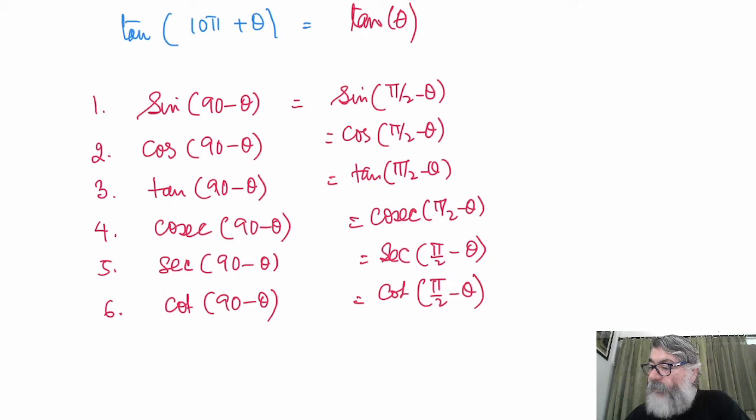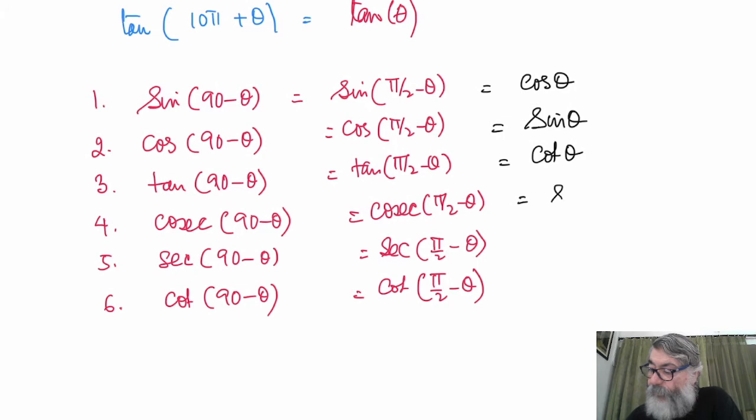And I'm going to write the answer in blue. In another color, I'll take a black color. Because it is pi by 2 minus theta, it is all going to come into the first quadrant, and because it is pi by 2, sine will change to cos, cos will change to sin, tan will change to cot, cosec will change to sec, sec will change to cosec, and cot will change into tan.